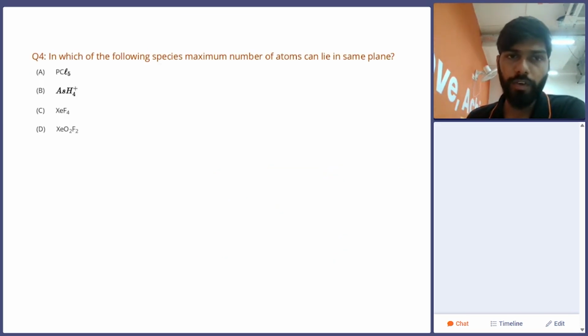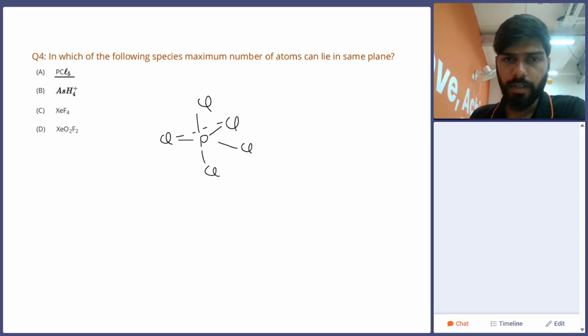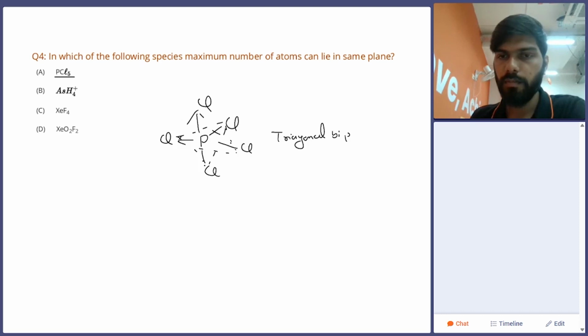Next one, which of the following species having maximum number of atoms can lie in the same plane? So same plane, if you look at it here, PCl5, that is trigonal bipyramidal.